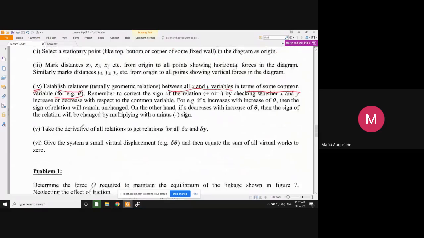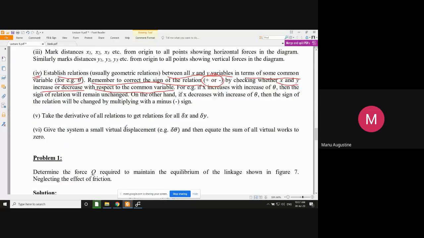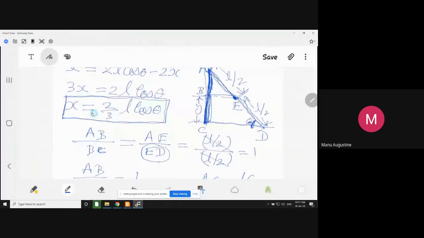What does this step say? Remember to correct the sign of the relation, plus or minus, by checking whether x and y increase or decrease with respect to theta, the common variable. So this has to be rechecked by us. The x relationship is 2 by 3 L cos theta.